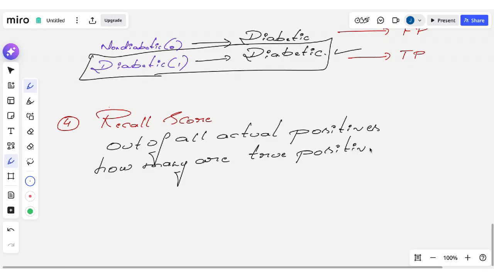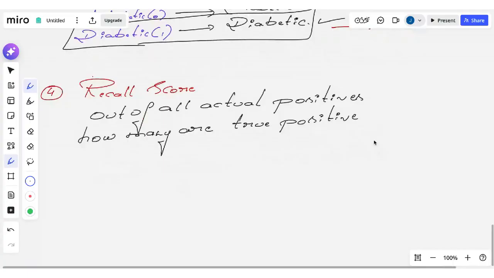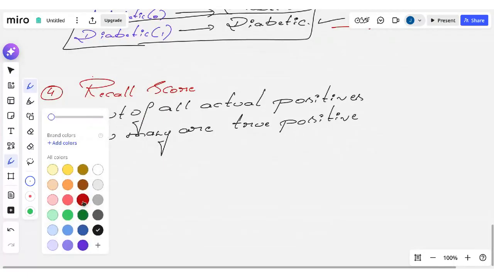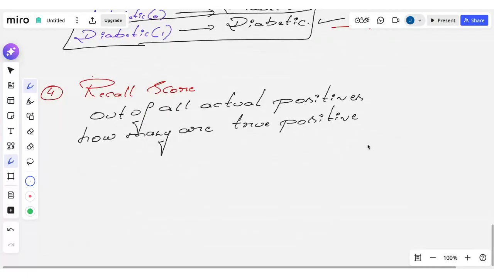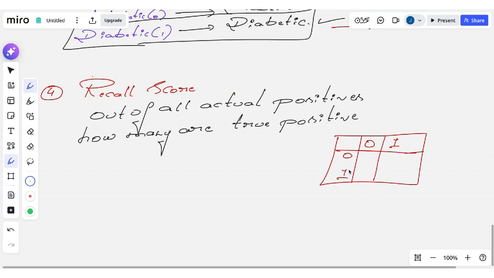Now this is confusing. Okay, I'll show. You need to understand with this table, otherwise it will be difficult. Understand the definition with this table. You always stick to this table. Only then can you understand things. So this is predicted and this is actual.